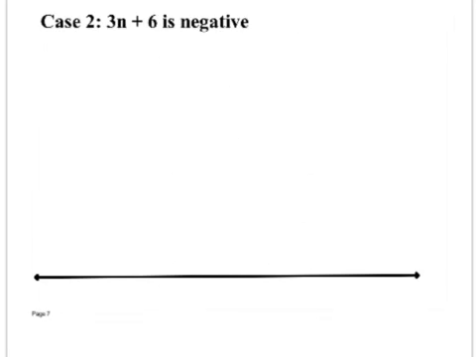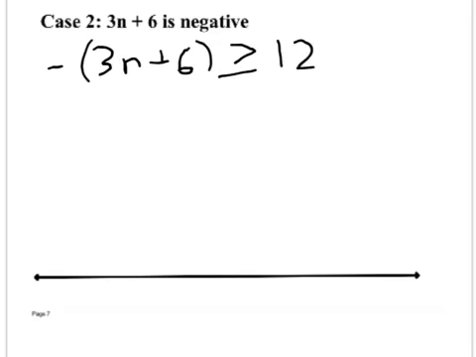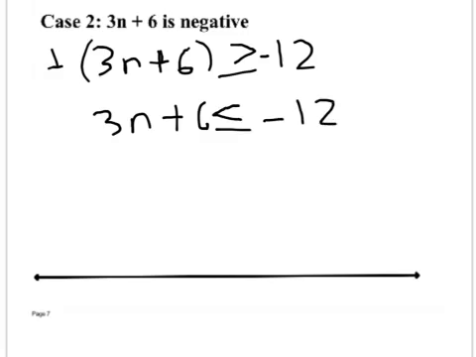Now we do case 2 where 3n plus 6 is negative. So we make this positive, making this negative, changing the sign. That's what dividing by negative 1 does. We subtract 6.